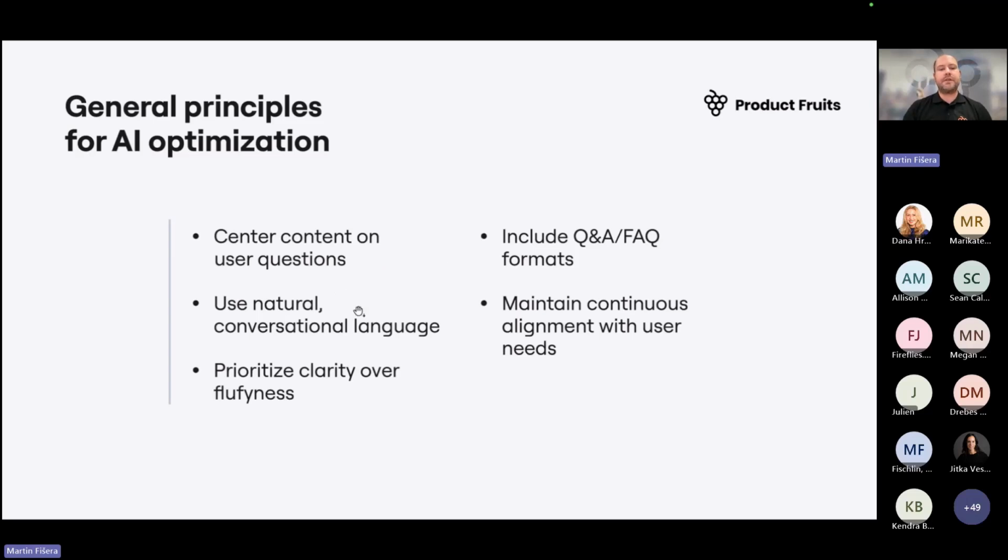You should also use natural conversational language. Think of the AI as your smart colleague, not a machine. Before AI, we were forced to think like machines because search was keyword-based, so you'd say, I need the keyword installation to match my articles. But right now, you want the meaning to match the article.